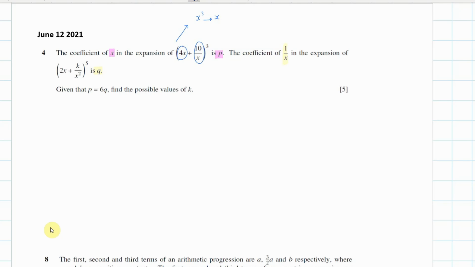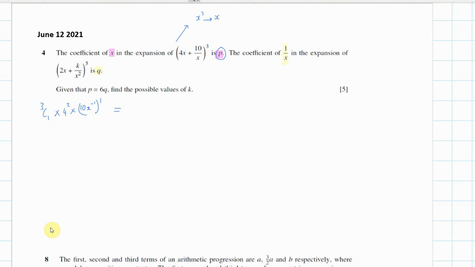So x squared times 1 over x, so that would be x to the power of 1. So we're looking for the second term, which would be 3 choose 1 times 4 to the power of 2 times 10x to the negative 1 to the power of 1.